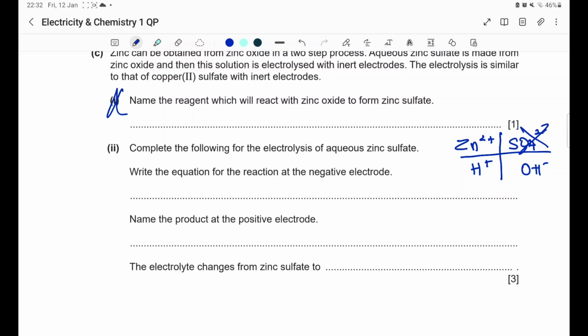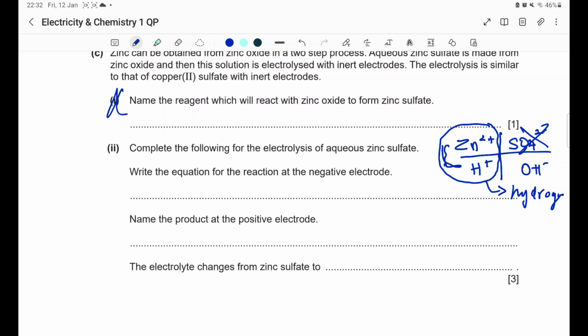The negative electrode is the cathode, and opposites attract. That means that one of the positive ions, a cation, is going to go to the cathode. Now, which one is less reactive between these two? Because the less reactive is the one that goes forward. That would be hydrogen.